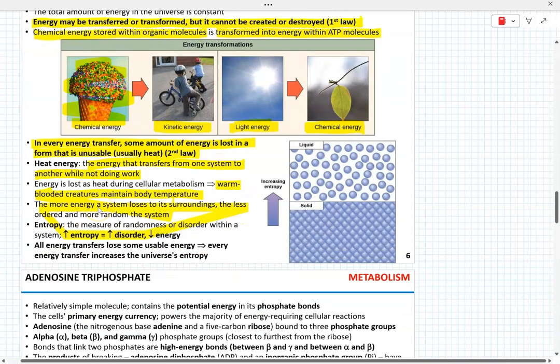Since all energy transfers lose some usable energy, every energy transfer increases the entropy of the universe. So in other words, in isolated systems, entropy always increases. This is another formulation of the second law of thermodynamics.